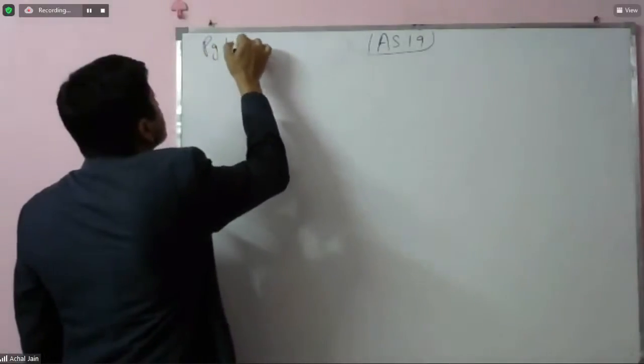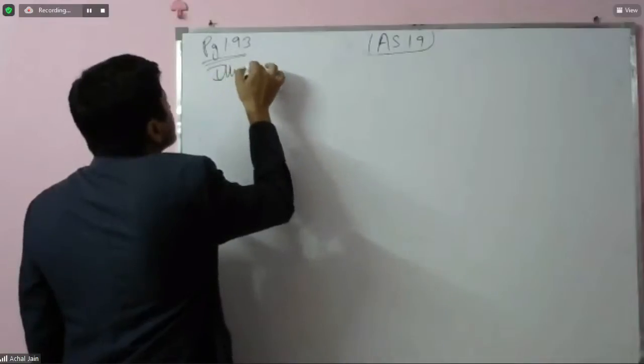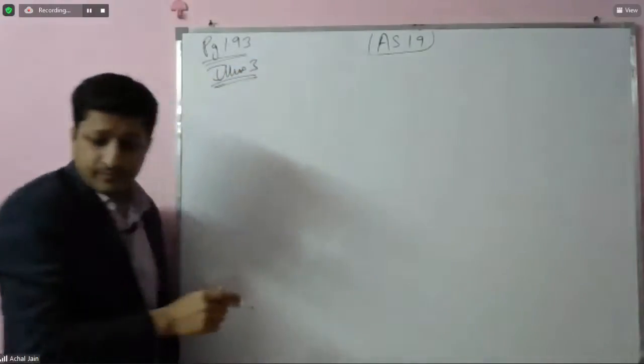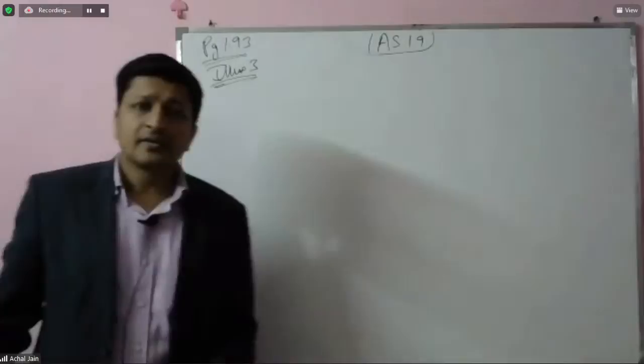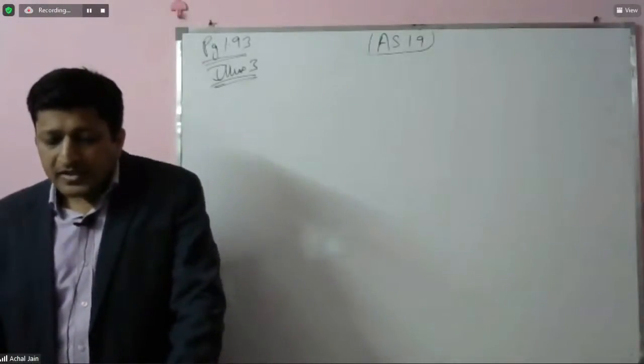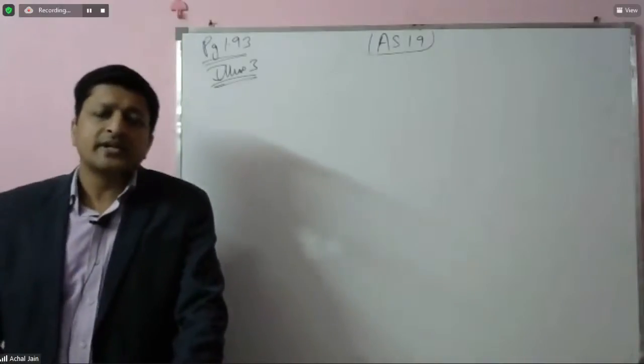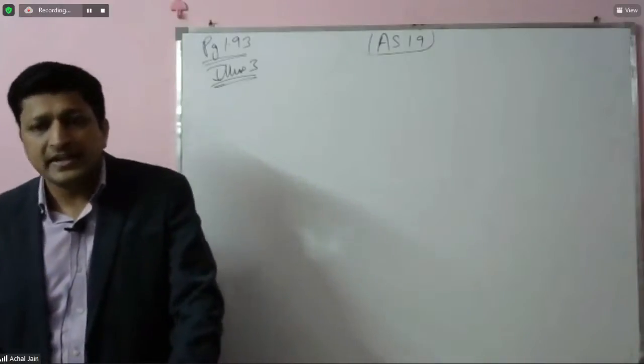We are on page number 3, illustration 3. So let's look at all of these situations which are given in this example and try to understand the accounting of sale and leaseback.